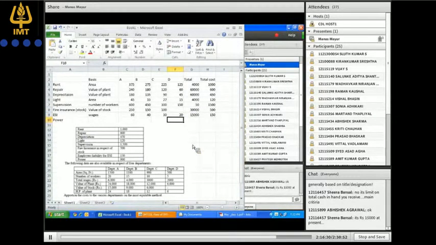This is how this can be distributed. Okay, it's 1500, not 15.